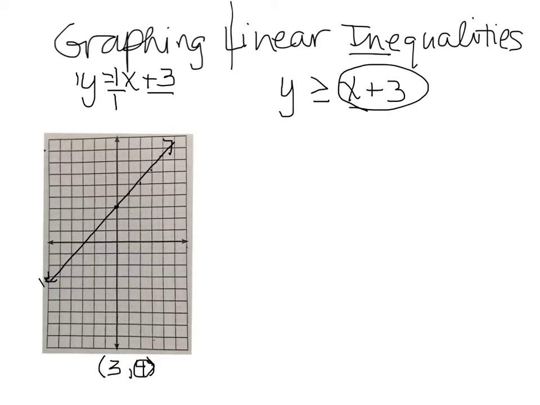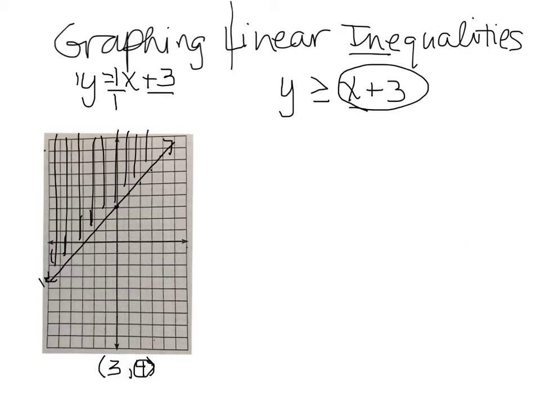But since the y-coordinate tells us how high or low, and we want y to be greater than or equal to x plus 3, that means we are looking for all of the y's that are higher than, because greater than with y means above. So to do problems like this, I shade above the line.